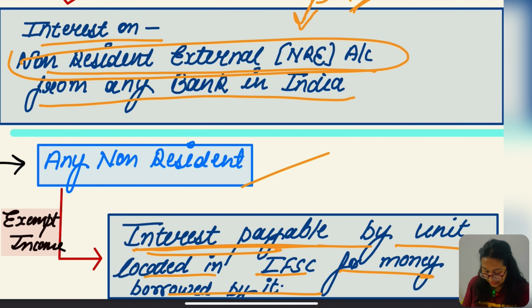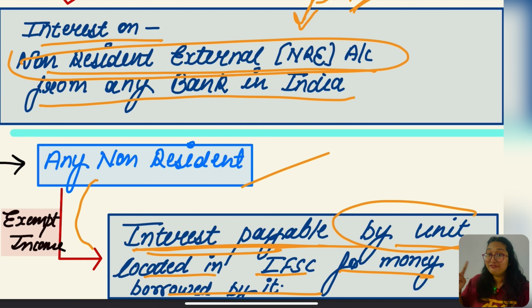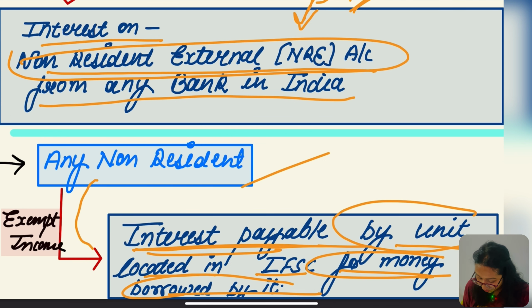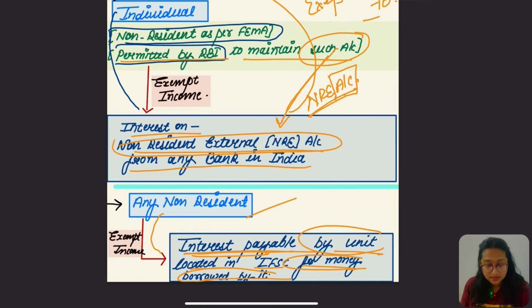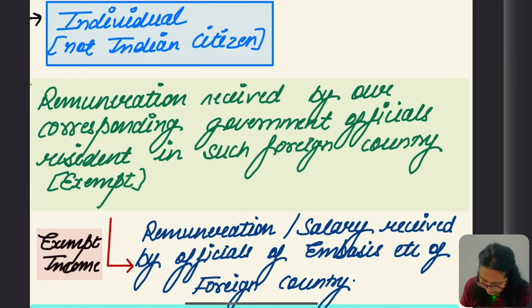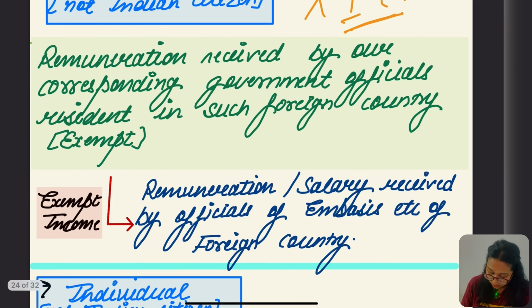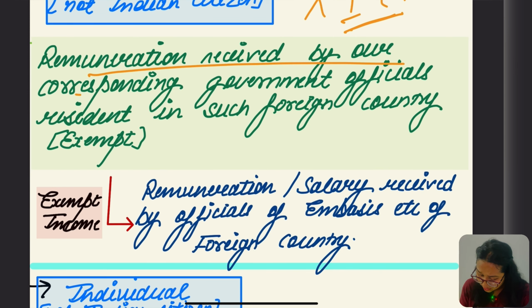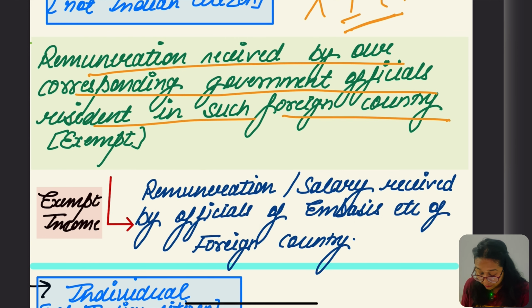For a non-resident, where interest is payable by a unit located in IFSC for money borrowed by it, the income would be exempt income for the non-resident. The third point is about an individual who is not an Indian citizen, whose remuneration is received from the corresponding government officials of such foreign country.